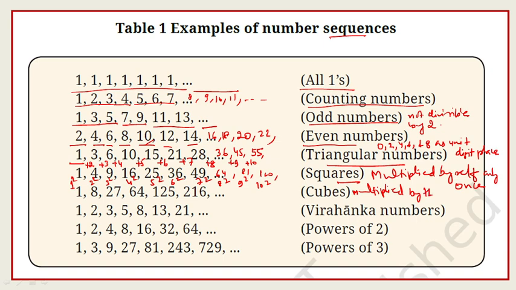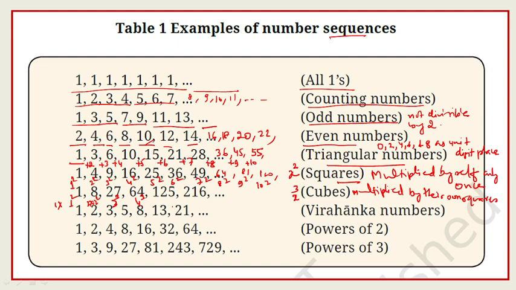Then coming to cubes, here the number is multiplied by its own square. So 1 is multiplied with 1 square, 1 into 1 square; 2 into 2 square, which is 2 to the power 3; then 3 to the power 3, 4 to the power 3. We write cube as x to the power 3 and square as x to the power 2, where x takes the values 1, 2, 3, 4, 5, 6.